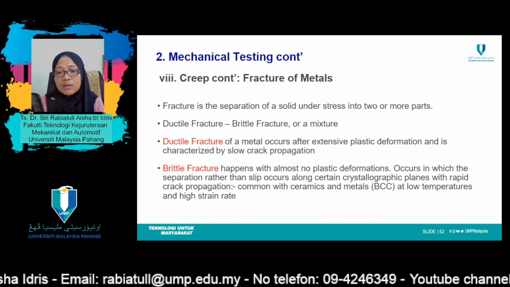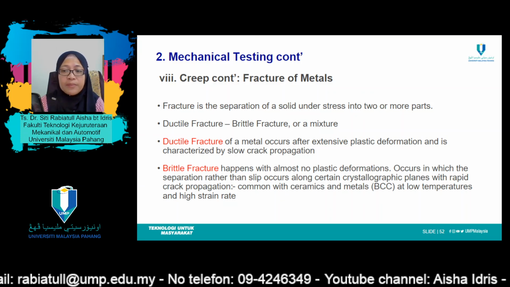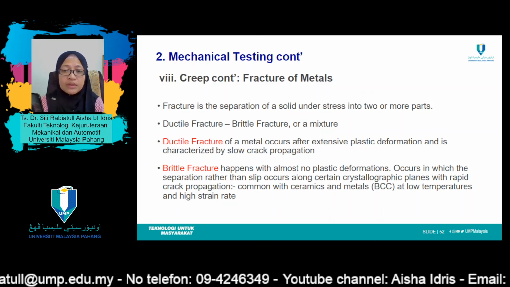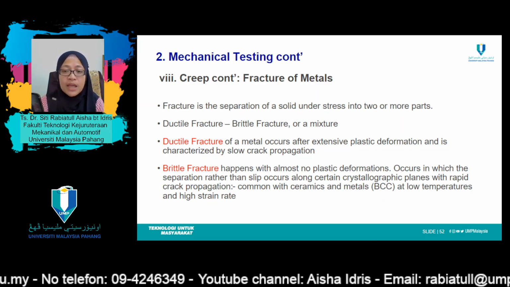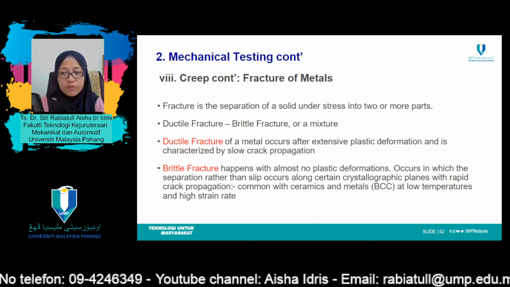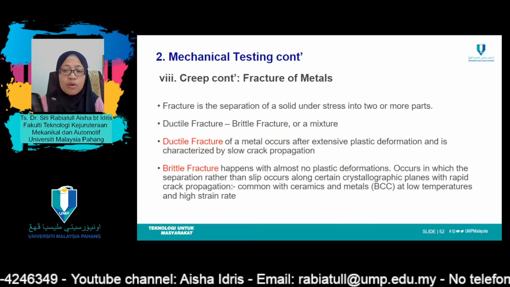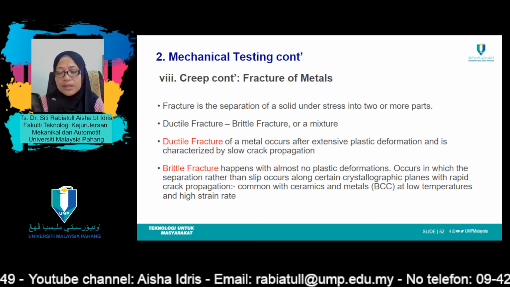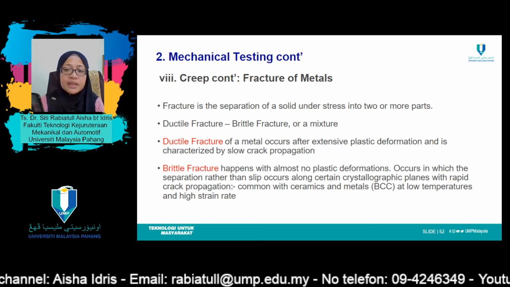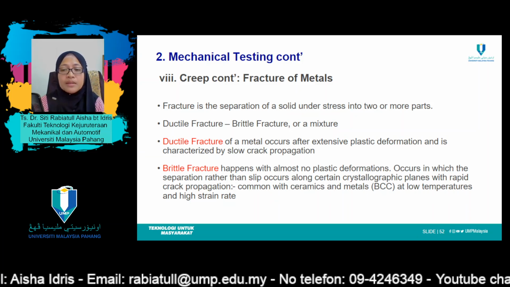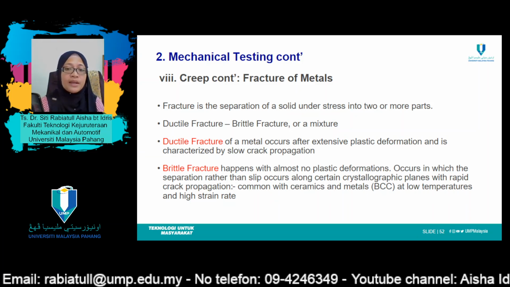Ductile fracture occurs after extensive plastic deformation and is characterized by slow crack propagation, whereas brittle fracture happens with almost no plastic deformation, in which separation rather than slip occurs along certain crystallographic planes with rapid crack propagation. For example, ceramics or metals with BCC crystal structure at low temperatures and high strain rate.